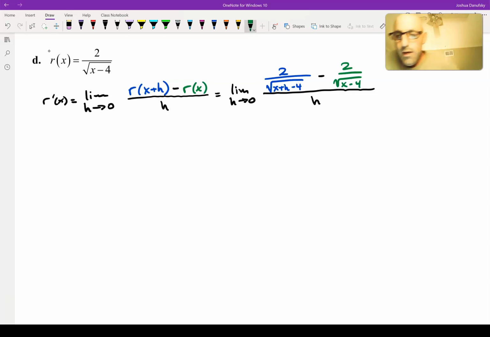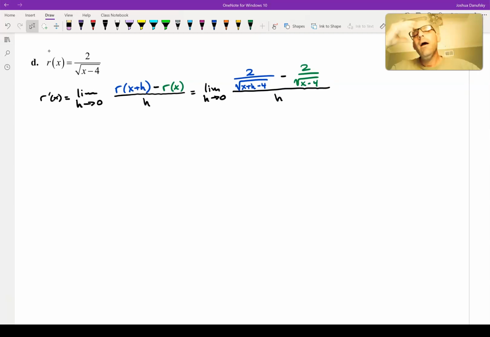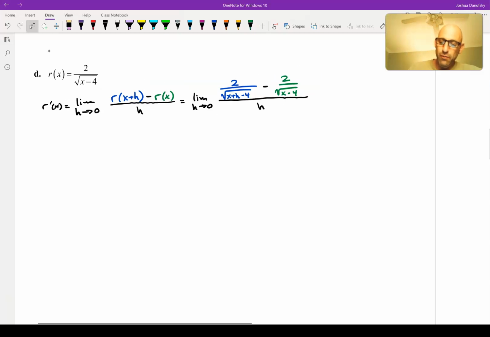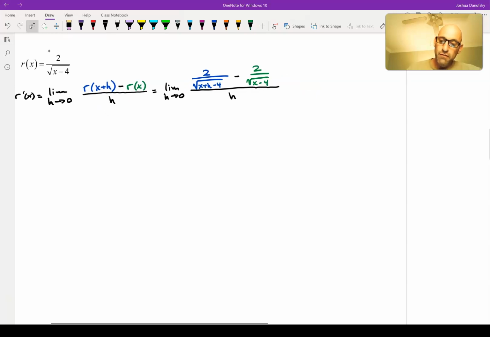All right. There's more than one way of getting there on this one. And we could combine the fractions. Actually, it doesn't matter. This can be done a variety of ways. Let's go ahead and do this. Let's clear the fractions on top. I'm going to do this a little bit differently than we did on the previous one.